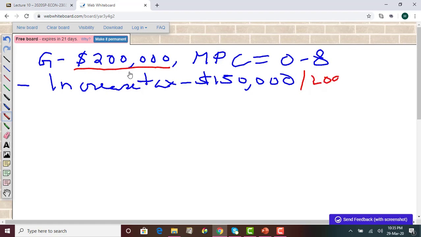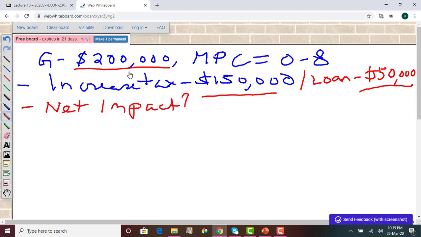They're taking a loan from the bank for $50,000. So 150,000 plus 50,000 gives 200,000. Now given this information, what is the net impact on output?